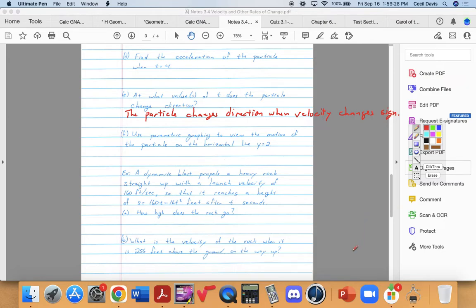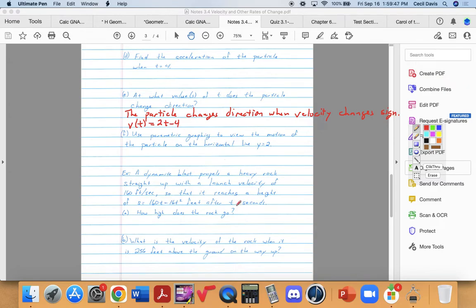The velocity has to change sign. So the velocity, what was the velocity equation? Was it 2t minus 4? Yes? Thank you. Sorry, I had to erase it to move this down.